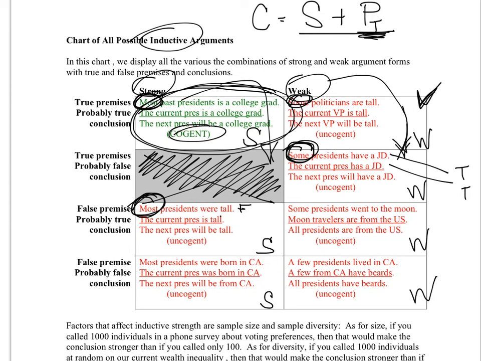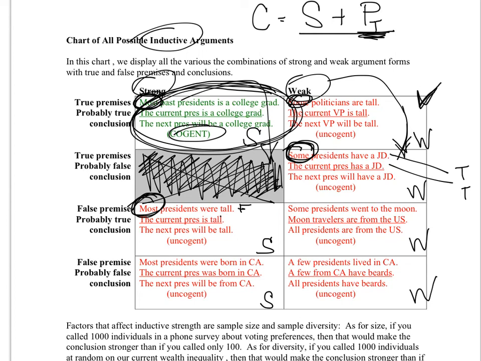And so it's going to be ruled out as impossible by definition, where you have true premises in a strong inductive argument, and the conclusion follows with weak inductive strength. In other words, that possibility is going to be ruled out, which is a good thing, because what you want in an inductive argument is for the strong inductive argument structure to preserve or to support the probability of the truth that you're working with in the premises.